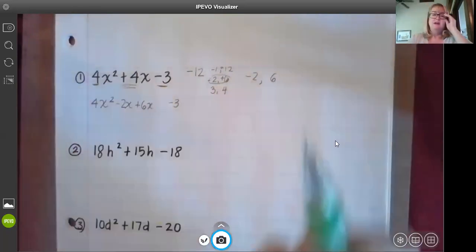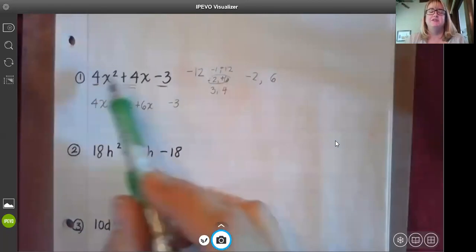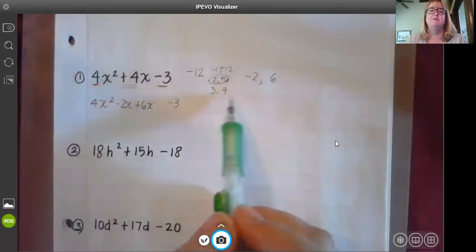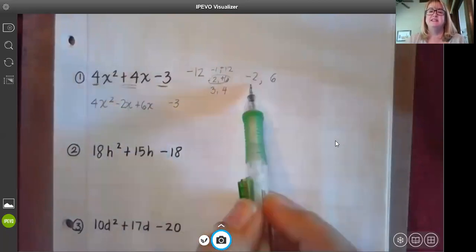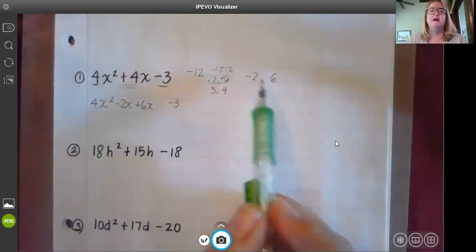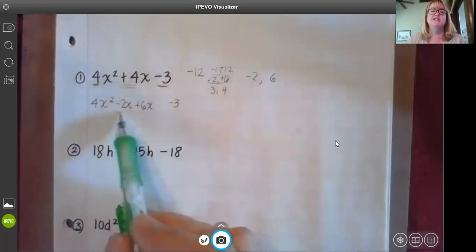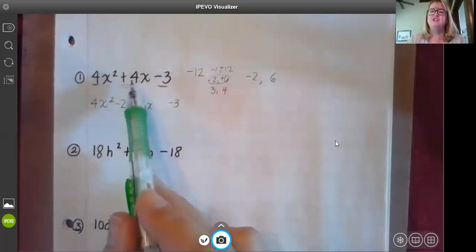All right. So again, what you do is you take A and C and multiply. Got -12. Find the factors that will make a +4. And the factors were -2 and 6. And instead of a +4x, we're going to put -2x plus 6x. I want you to understand that if I were to simplify that, that still will be 4x. I haven't changed anything.